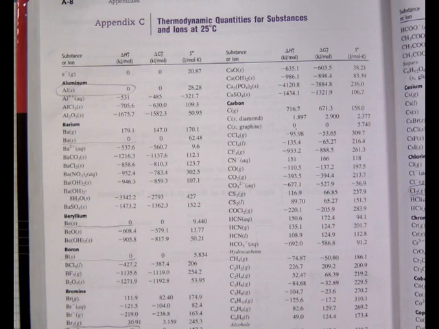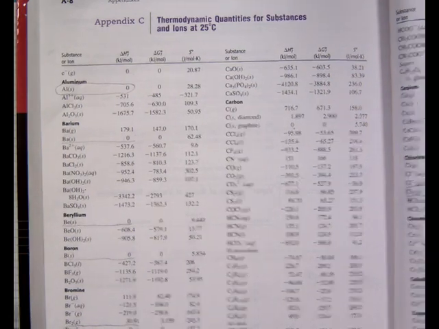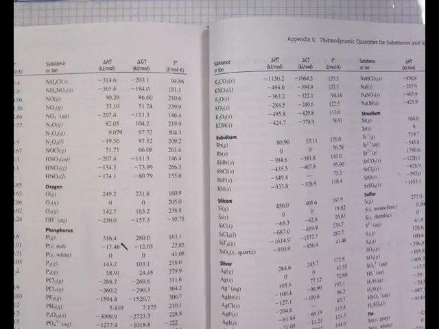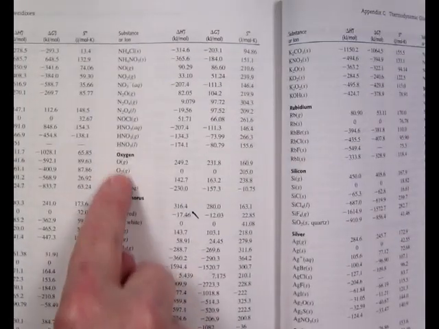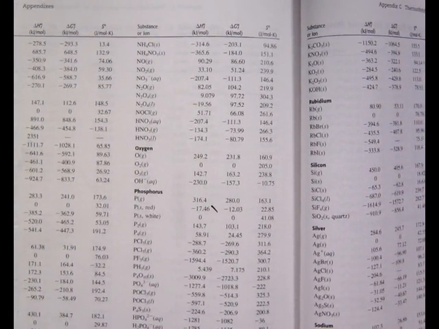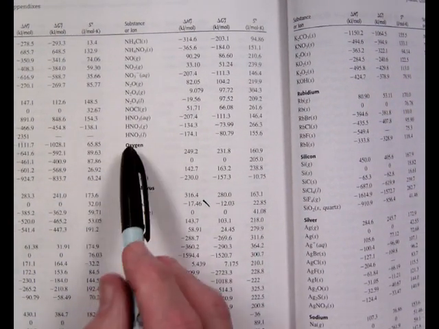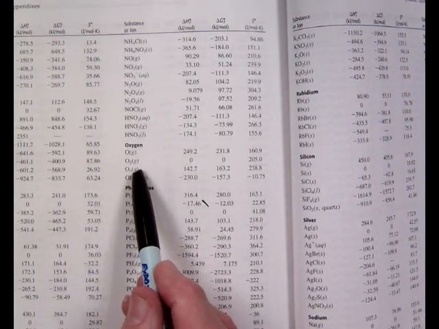So if I want to know what form oxygen should be when I put it into a chemical equation, I'll look up oxygen in here. And you haven't caught this yet. I come down, look, I've got 1, 2, 3 forms of oxygen.